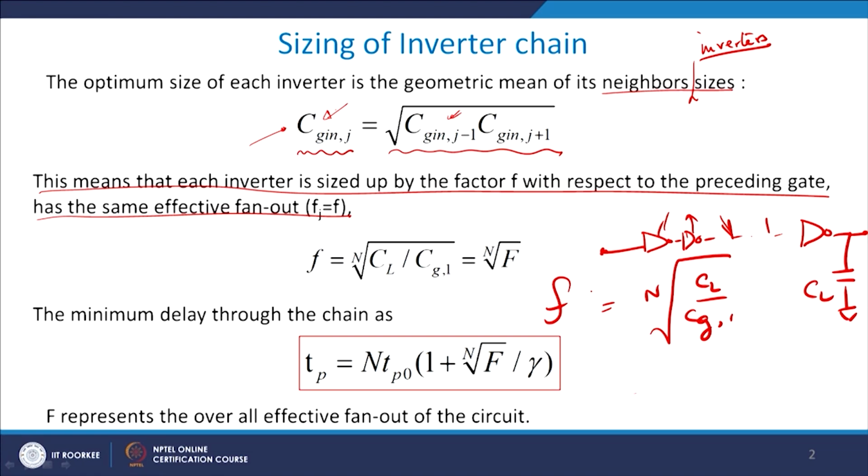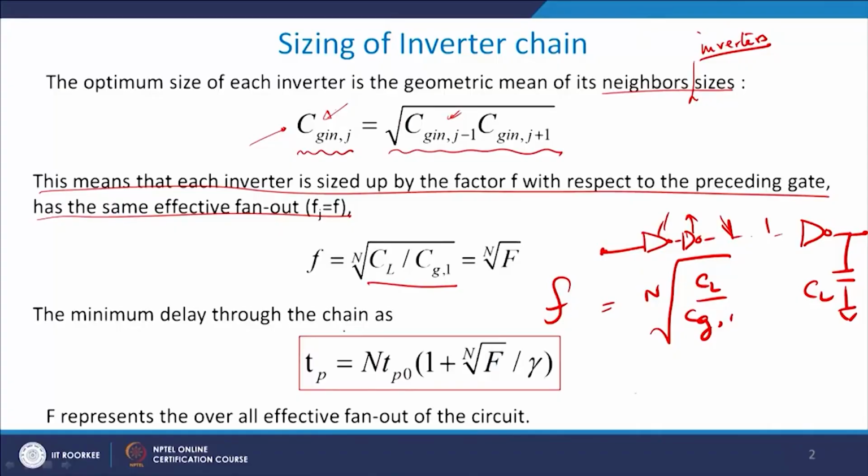Why? Because as I discussed, as you move from the first inverter to the last inverter in a chain of inverters, you have to progressively size it up from lowest to highest value. But the rate at which you size it up will determine whether you are optimizing your design or not.